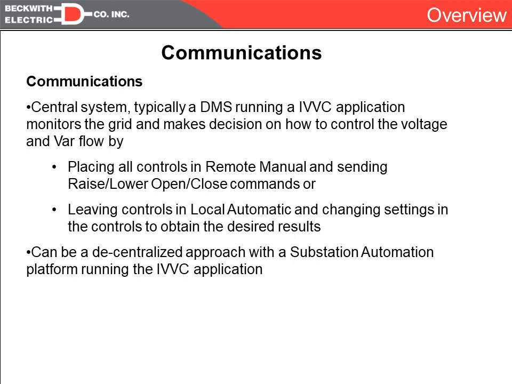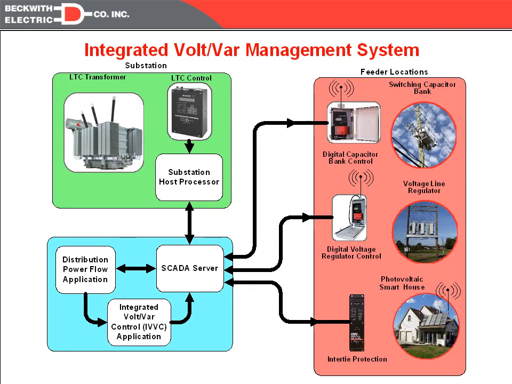And that substation automation system, or RTU, will poll only the capacitor banks and regulators and LTCs that are normally fed from that substation. So those are the two different approaches we're going to be looking at, and how the heartbeat is required for both of them. So in general, this would be our typical architecture for a centralized or decentralized IVVC system.